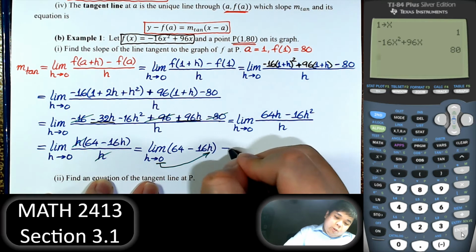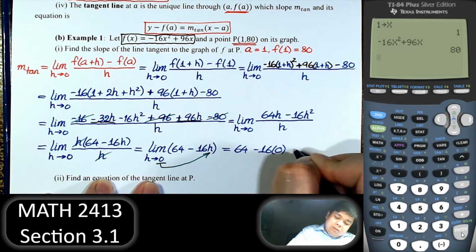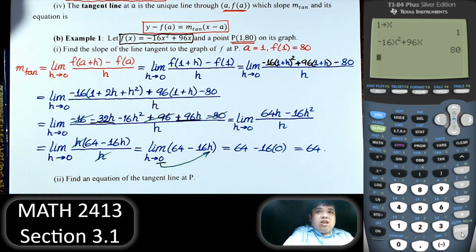We have 64, so just 64. So the slope of the tangent line is 64.